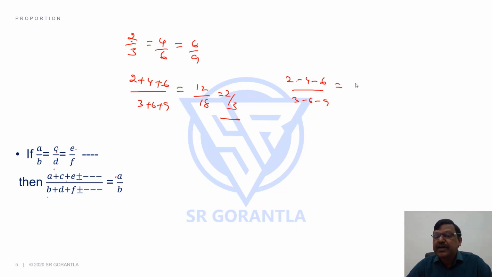It will be minus 8 by minus 12. Minus minus gets cancelled. 8 by 12 is 2 by 3 or not? Yes. So this applies not only for addition, even for subtraction. Very useful rule again in simplifications of equations. Now, these are a few important points on proportion. Now, we'll apply them and solve a few questions.